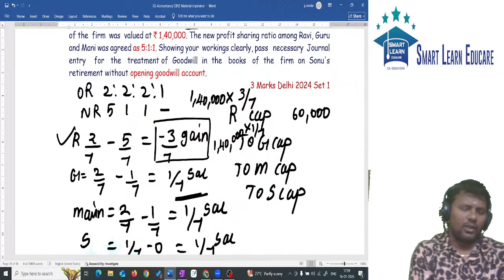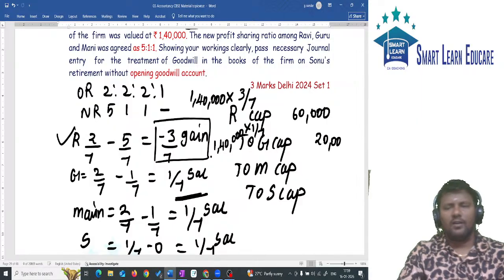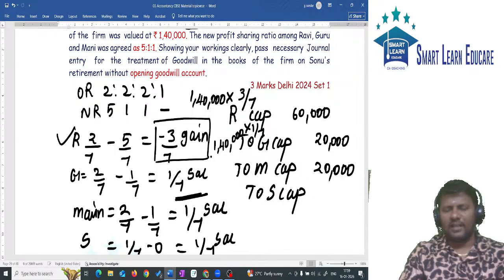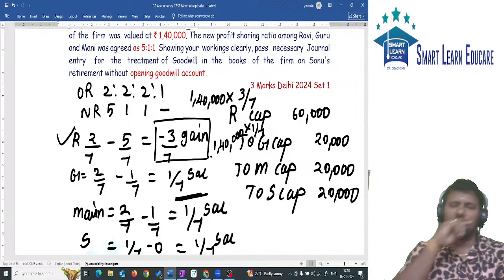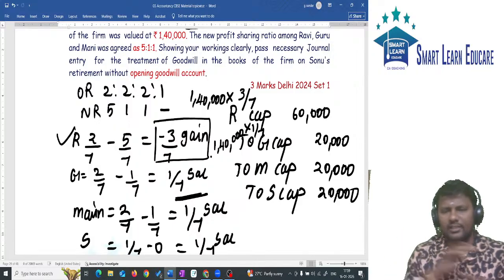So 1,40,000 into 1/7 gives you 20,000. M: 1,40,000 into the same 1/7 is 20,000. Last partner S: 1,40,000 into 1/7 is 20,000. Answer: R capital account debit to G capital, M capital and S capital. That's all.